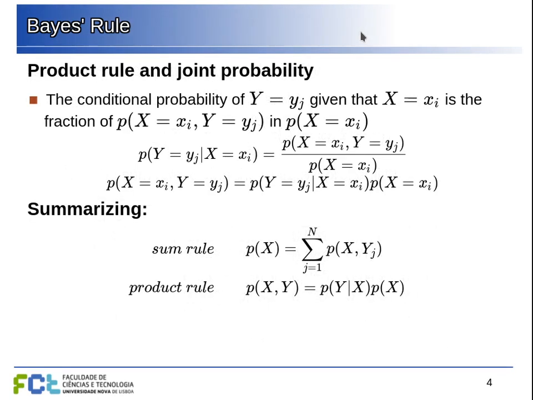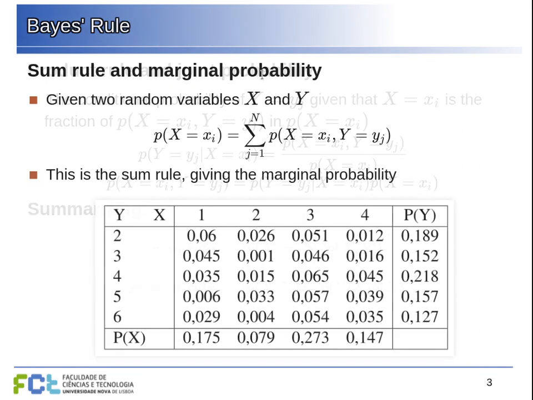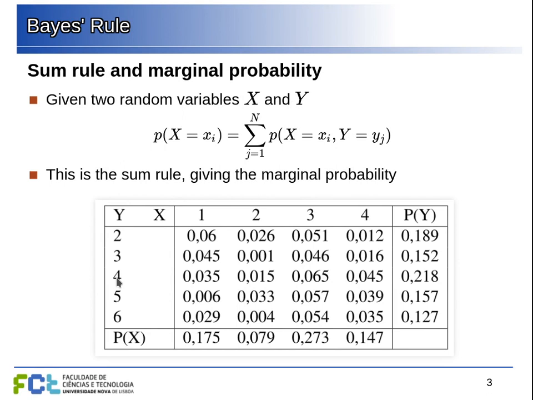Okay, another thing that we can ask is what is the probability of y having some value if we know the value of x. That is, this is the conditional probability. So let's say we know that x is 1. What is the probability of y being 4? We know that the probability of y being 4 and x being 1 is 0.035, but this is for the overall distribution of probabilities.